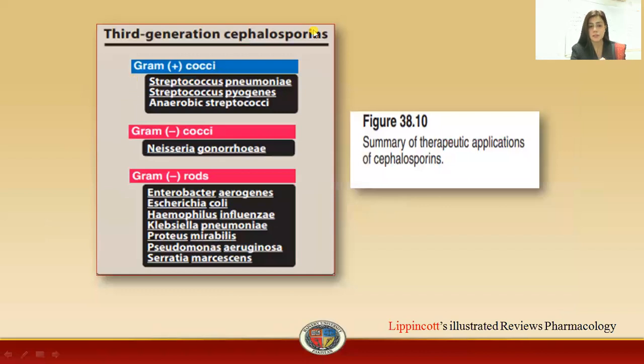Then we have the third generation that is again less active against these gram-positive bacteria as compared to the previous generation and more active against the gram-negative bacteria.